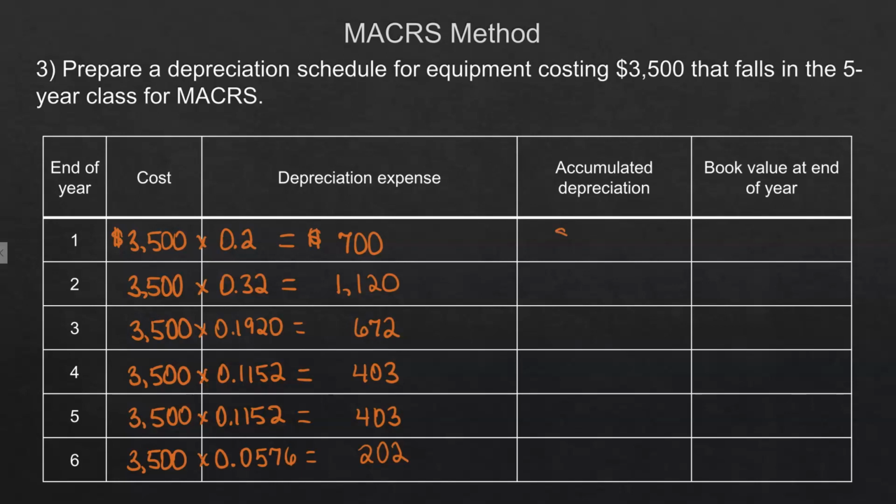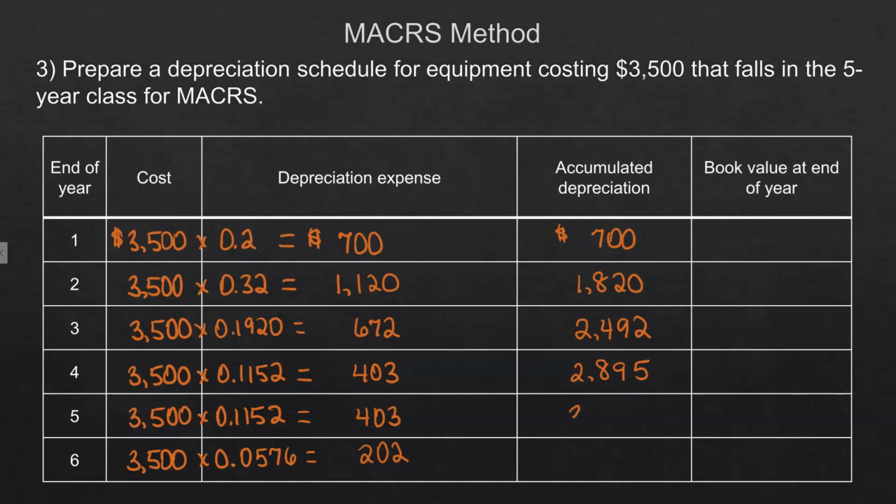So we start with 700 and then we'll add 1,120 to 700, so we get 1,820. We're going to add the 672, 2,492. Add 403, so 2,895.